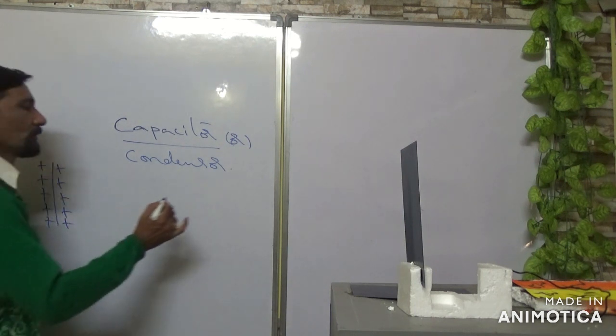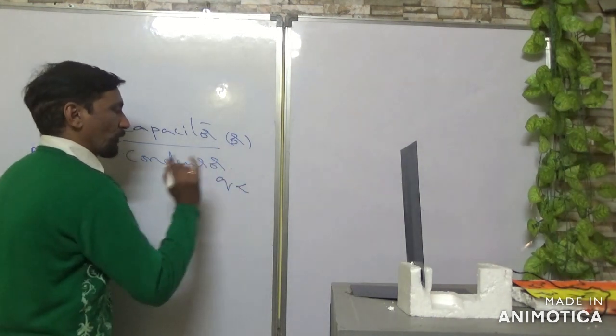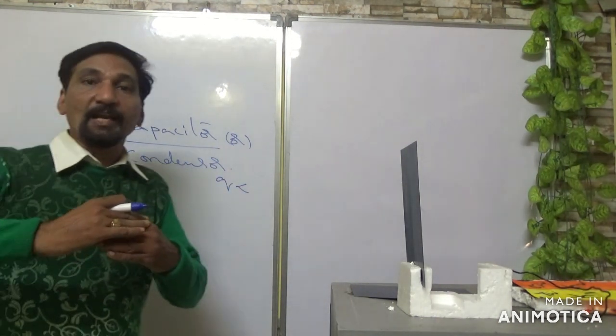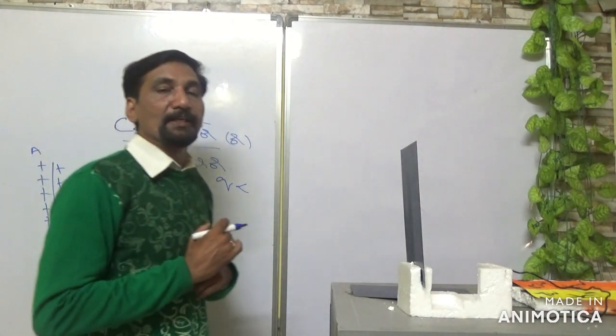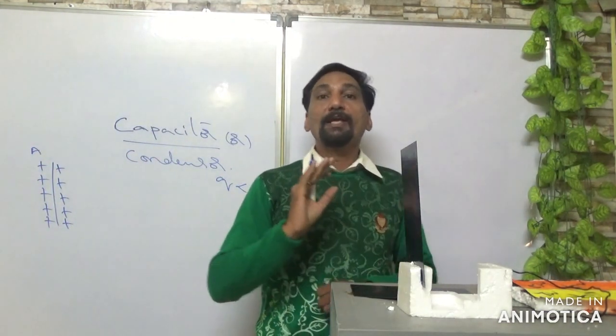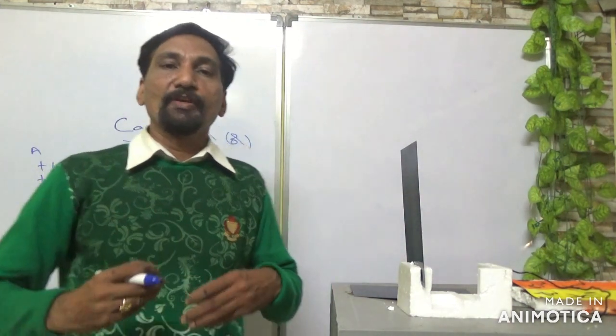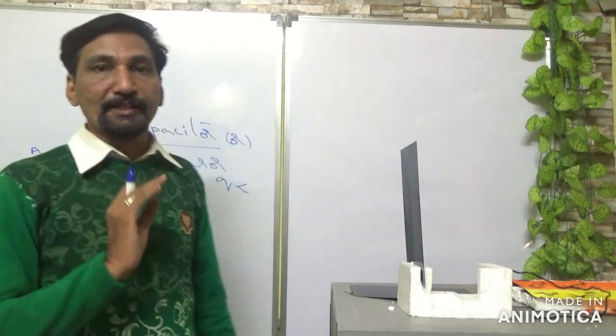As you give charge to your body, automatically the charge level inside the body will increase. That is what you call potential. When you give more charge to your body, its potential will also increase.